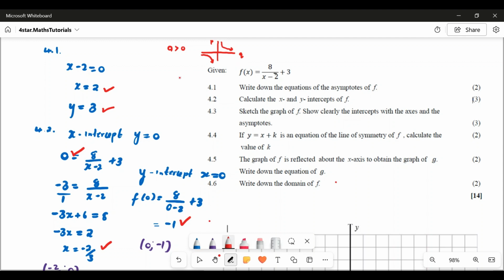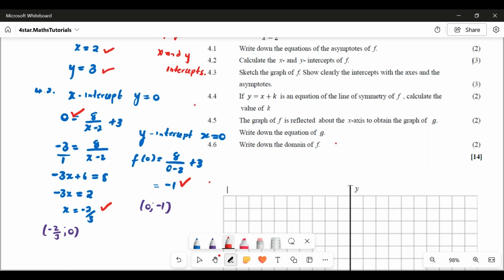That is the value of a. We also know that we need to find the value of p and q, the x and y asymptote. Then we need to find the x and y intercepts. So we have x and y intercepts, we have the asymptote, we can sketch the graph.